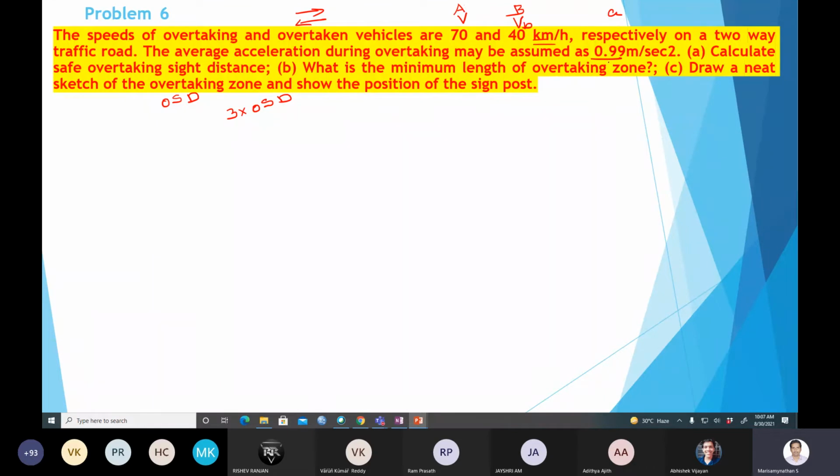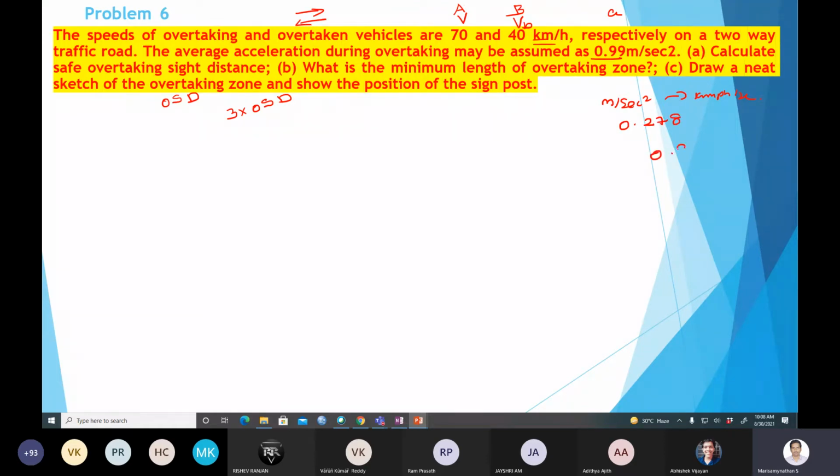But for the overtaking, they have given the value of acceleration in meters per second squared. So that has to be converted to kilometers per hour per second. This conversion has been defined in the IRC, and basically we know the conversion value is 0.278.